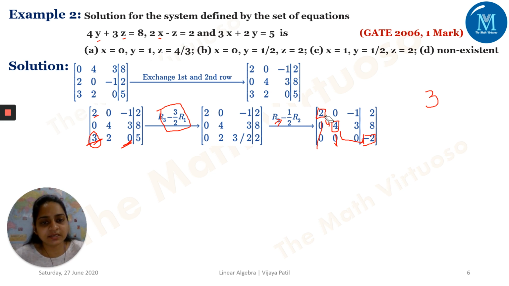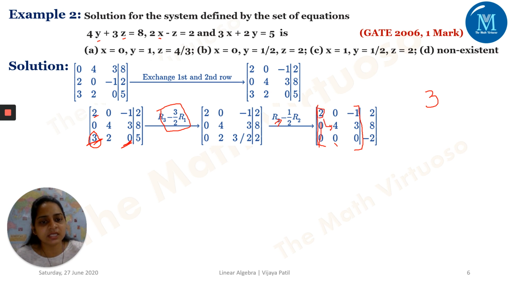Now, let us consider this matrix. Out of this A comma B, I'm just considering the matrix A. Moving here, this is my first non-zero element, below that is 0.